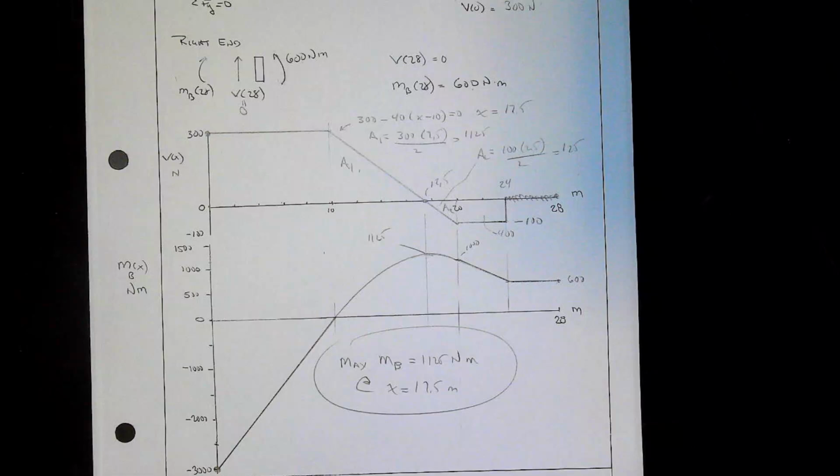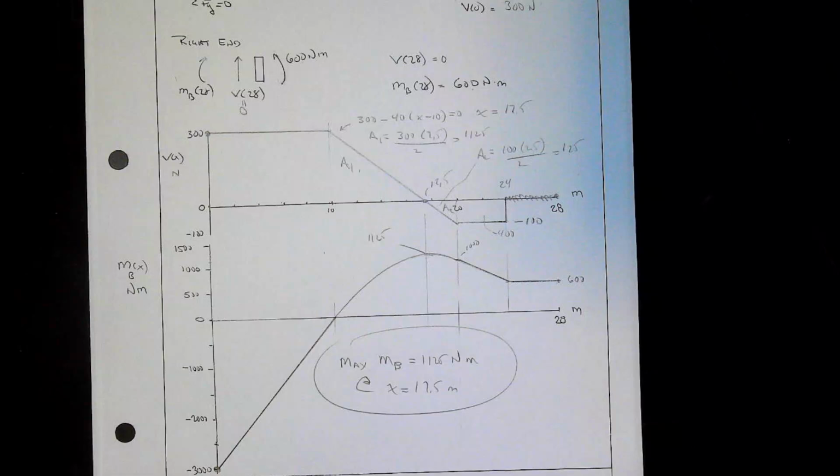And A2, this one in here, goes down 100. That's 2.5 across. Divide by 2 is 125. So we have the key information that we need. And obviously this is 20 to here, so we've got minus 400 in there. So we're ready to walk the beam again and take care of all the moments.